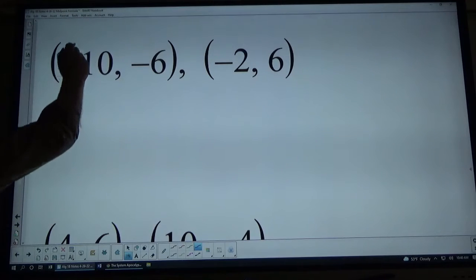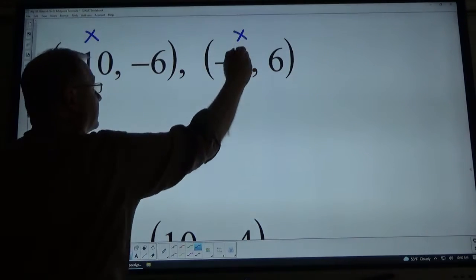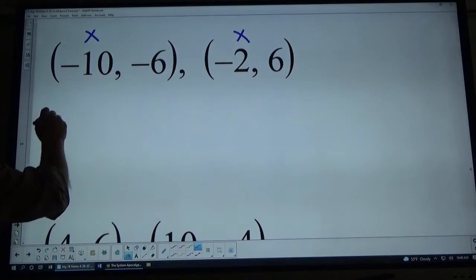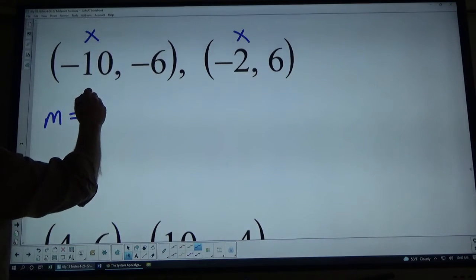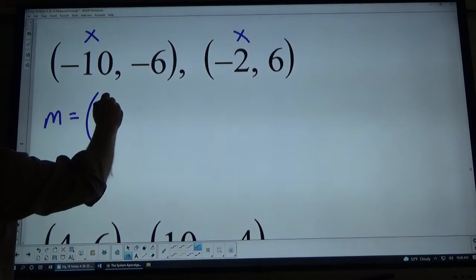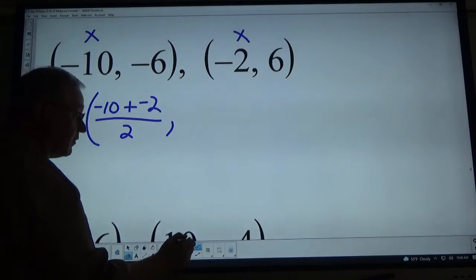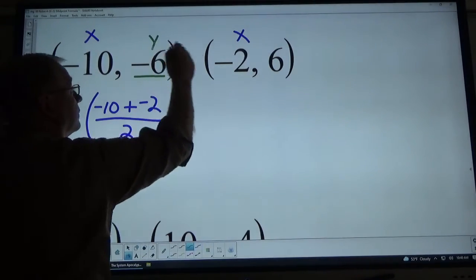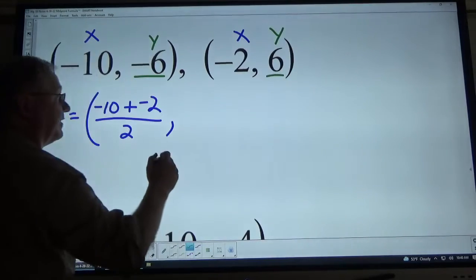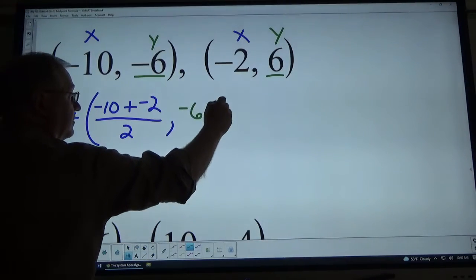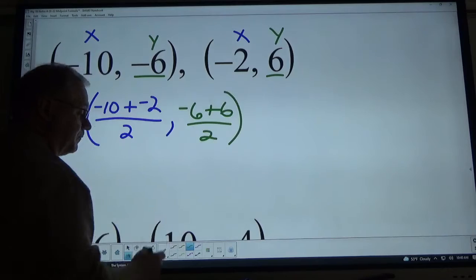I'm going to take the x values and add them together, divide by 2. The y values, add them together, and divide by 2.